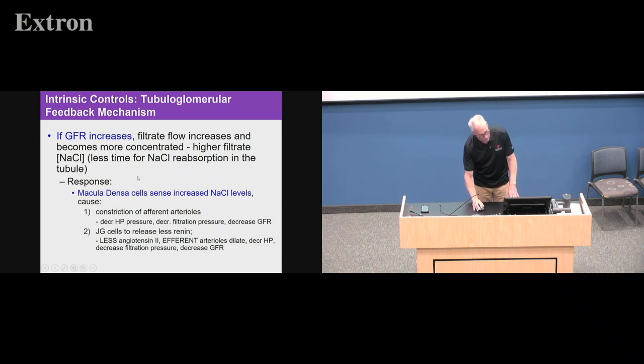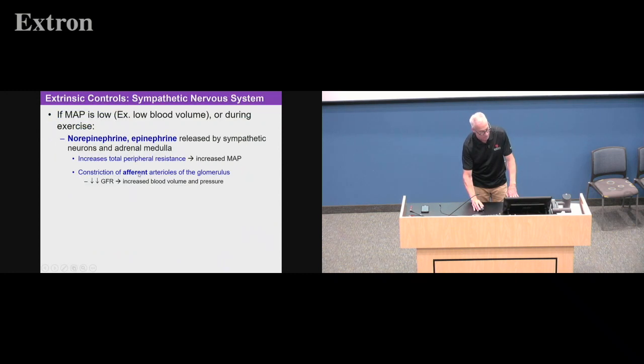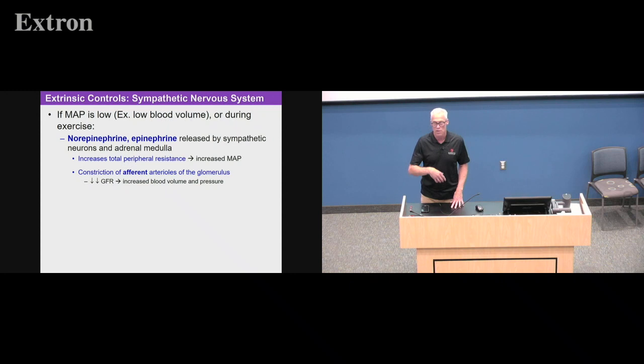All right, let's move on and talk about extrinsic influences on glomerular filtration rate. Epinephrine and norepinephrine, as part of the autonomic nervous system, we've known for a long time cause vasoconstriction of arterioles and veins, and the net effect is an increase in total peripheral resistance, increase in mean arterial pressure, among other things that they do.